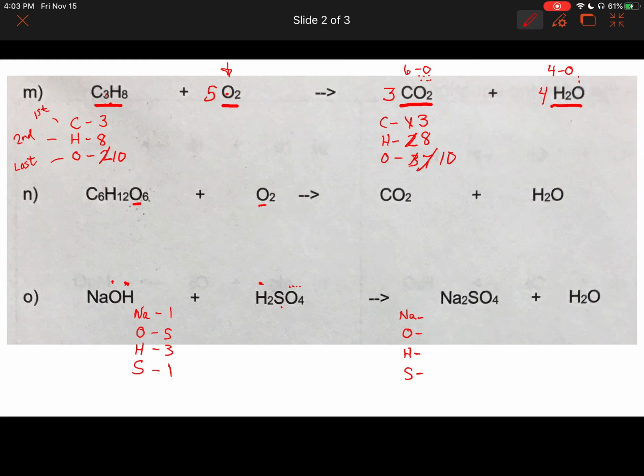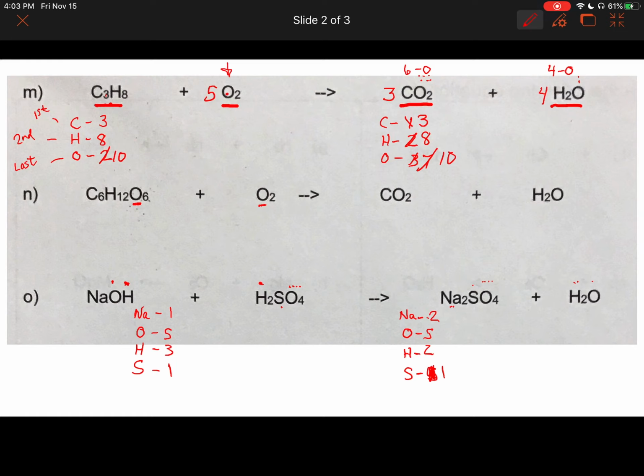Sometimes that happens and it's embarrassing, but we're all human. All right, here I have 2 sodiums, 1 sulfur. So, whoops, 1 sulfur. I have 1, 2, 3, 4, 5 oxygens. And I have 1, 2 hydrogens.